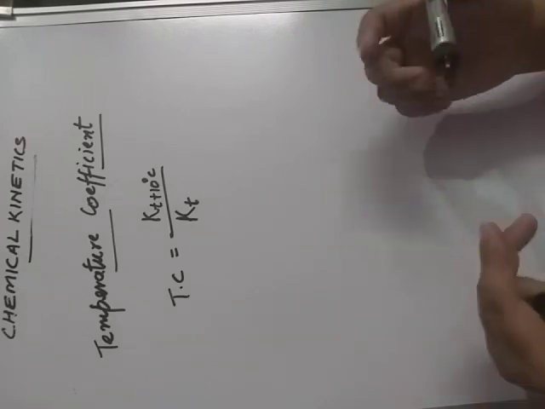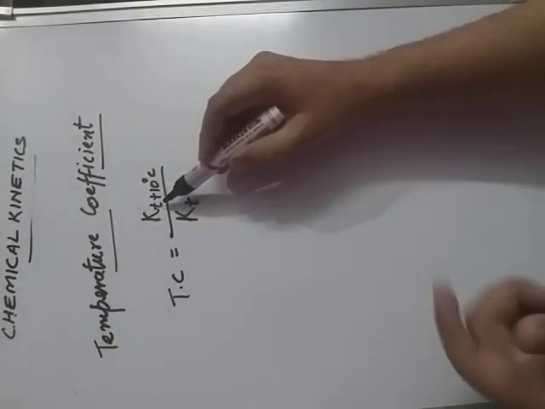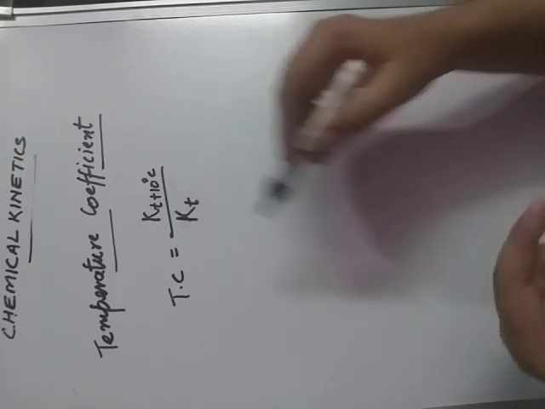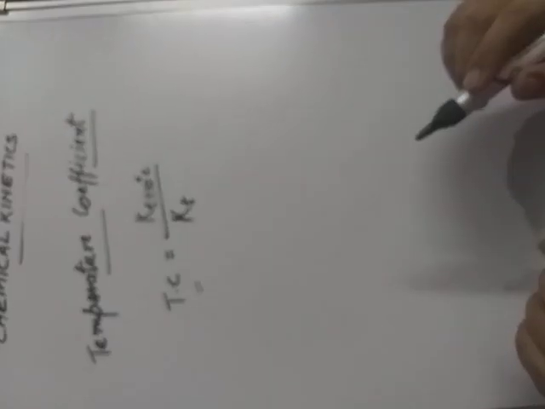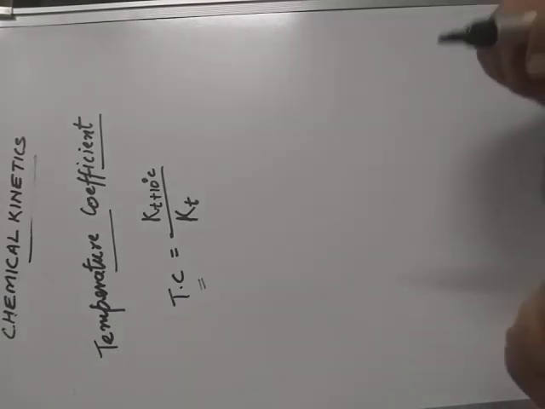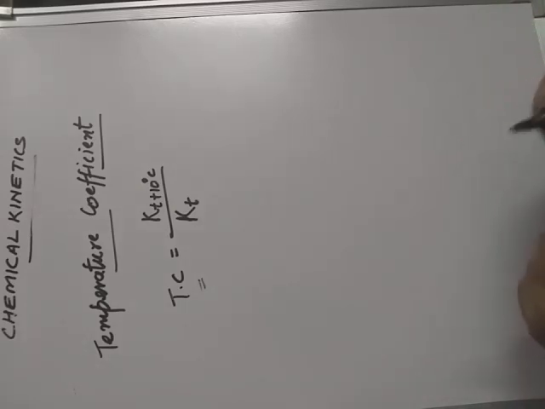So the same reaction we have taken at T degrees Celsius. What will be the rate constant? We take that as the denominator, and the rate constant for the same reaction with a rise of 10 degrees Celsius as the numerator. That ratio will be called the temperature coefficient. So temperature coefficient gives us an idea how effective the temperature is for that particular reaction, that is, how much temperature affects the reaction by enhancing the rate constant.